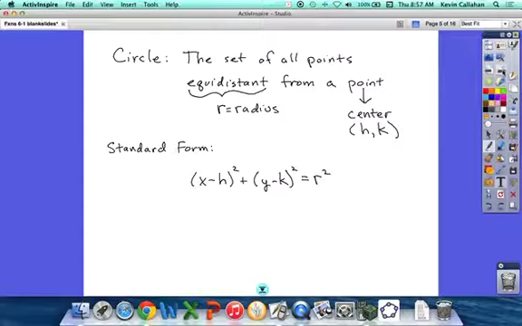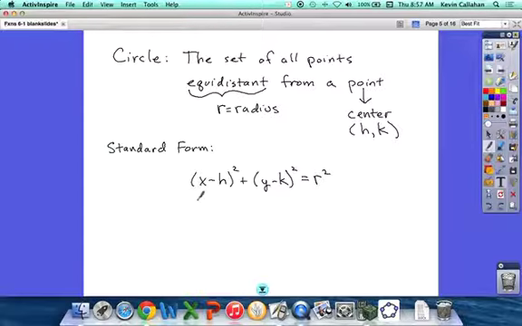Right. What we call the standard form of a circle is this right here: (x minus h) squared plus (y minus k) squared equals r squared. If you remember the first circle that I drew, the one that had a radius of 3, centered at the origin, right?